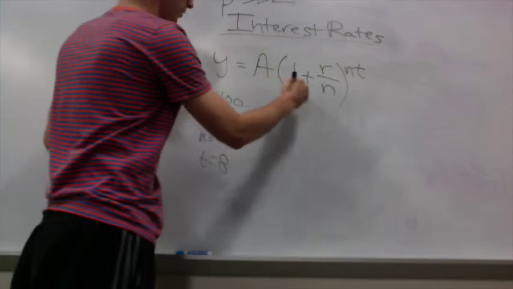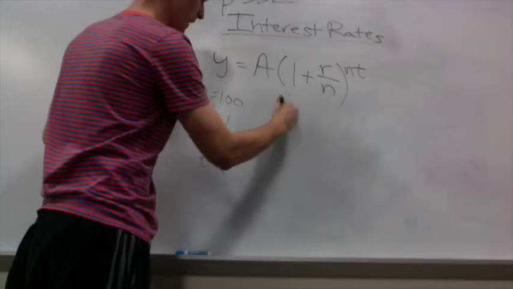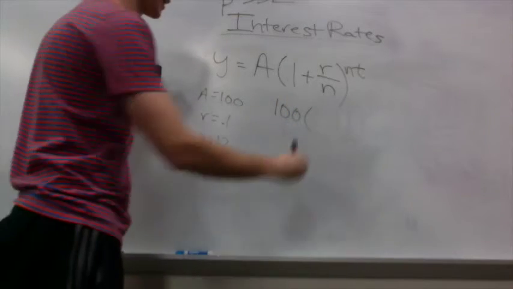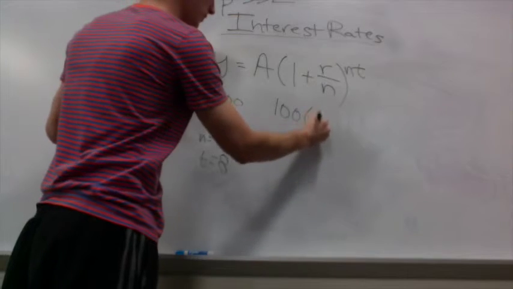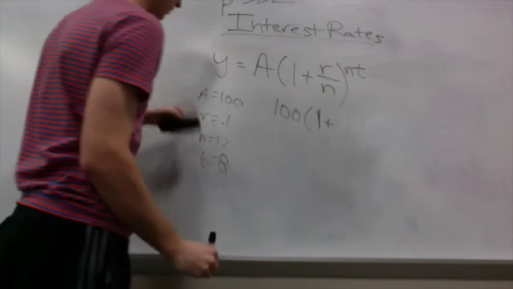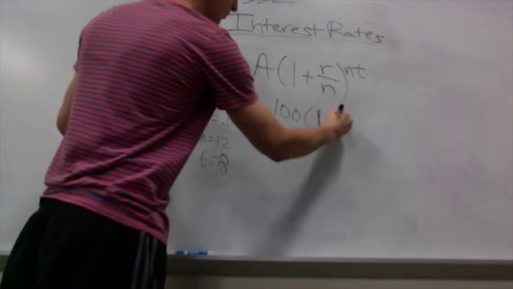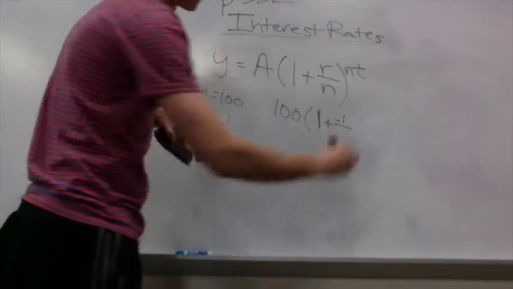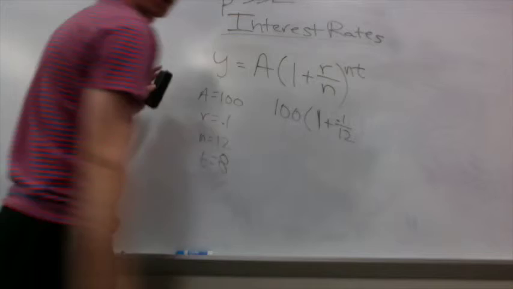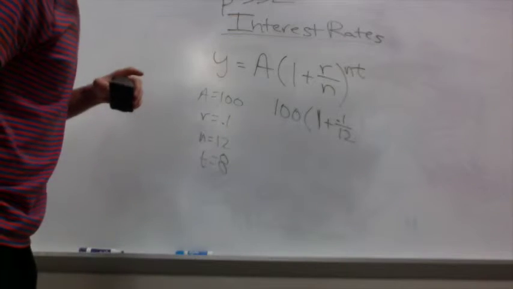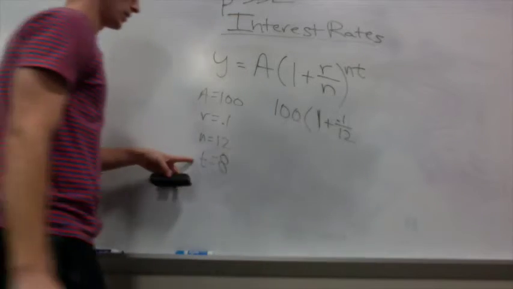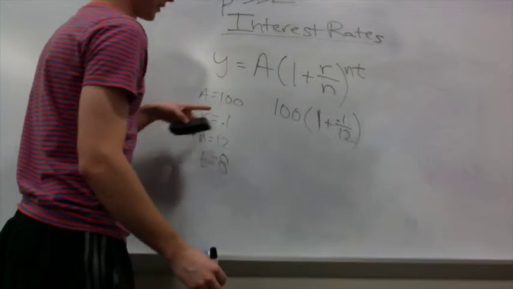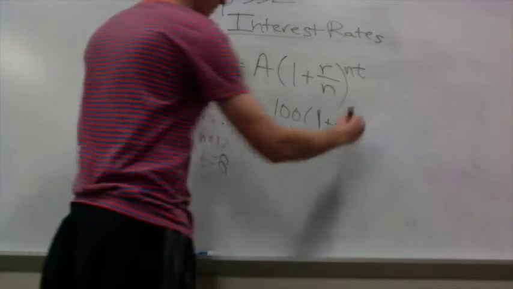So, step by step, $100, that's our A. 100 times everything in the middle. So 1 plus our rate, 0.1, over our n, so 0.1 over 12, close parenthesis, and then our equation says n times t.